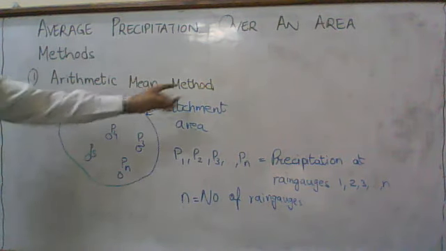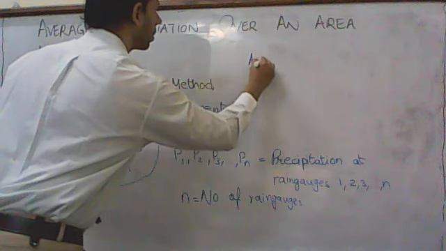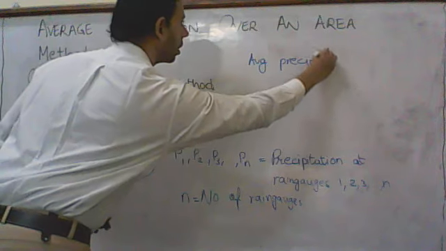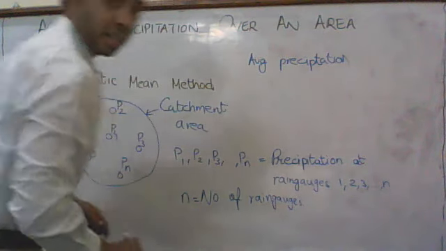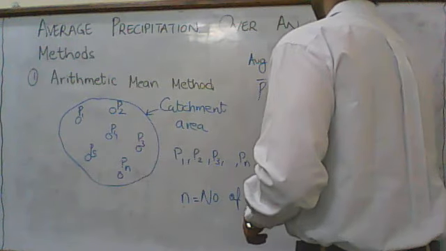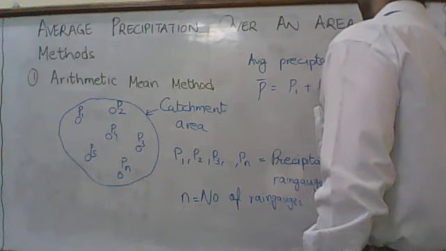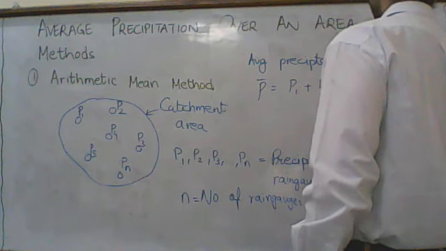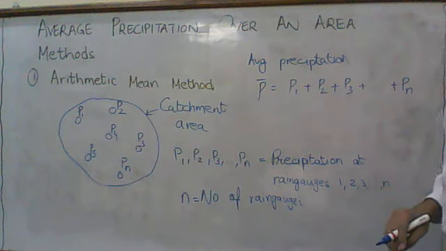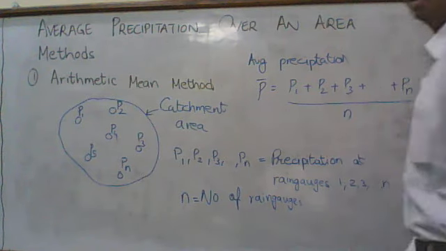So according to the arithmetic mean method, the average precipitation is calculated as P bar equal to P1 plus P2 plus P3 plus till n number of rain gauges, whole divided by n.